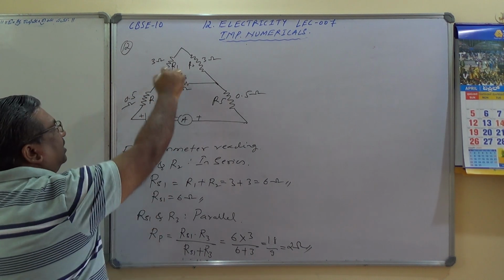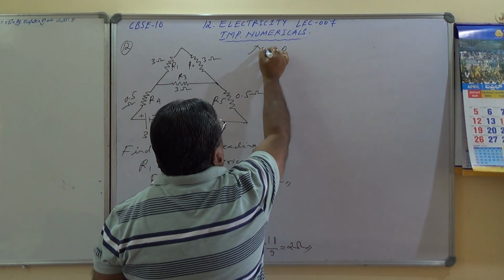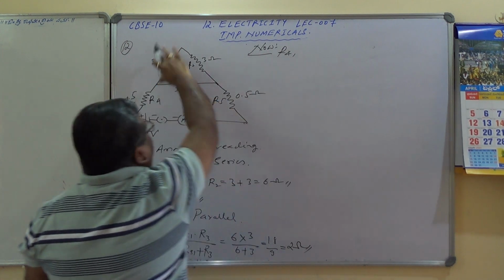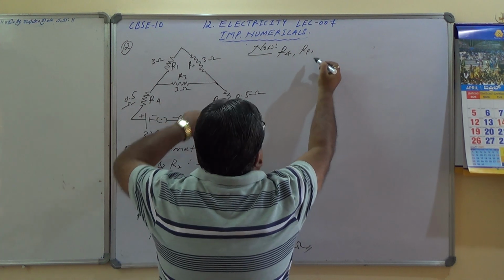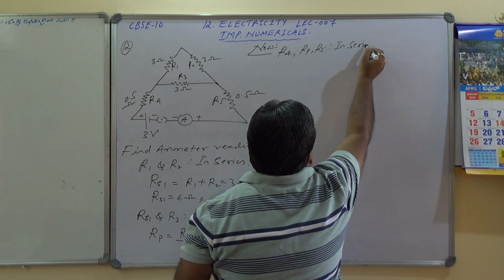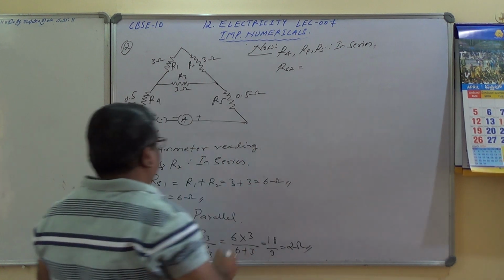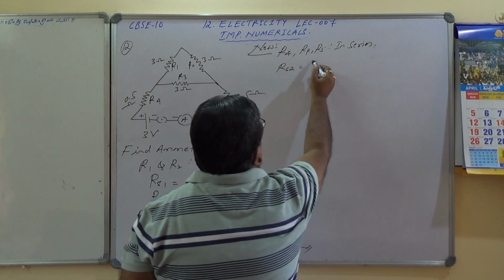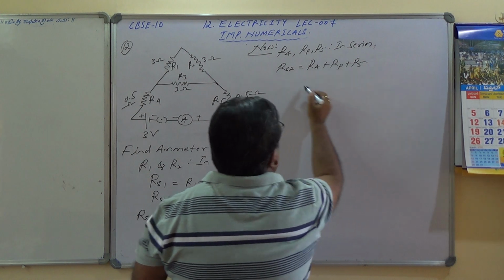R4, then this RP and R5 are in series combination. R4 and this entire combination RP and R5 are in series, and therefore RS2 equals R4 plus RP plus R5.